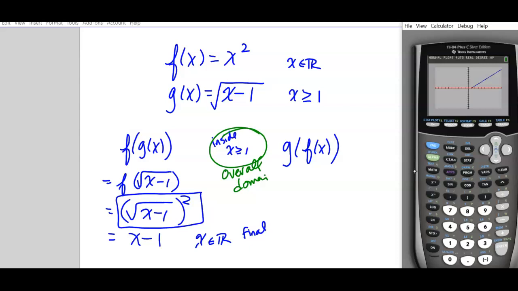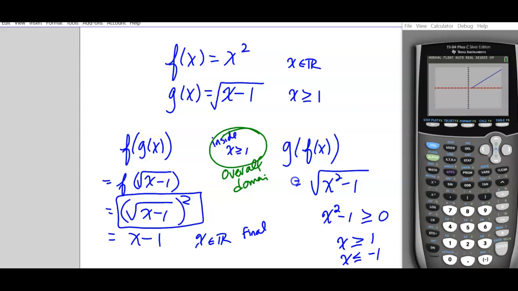G of x. So here this would be root of x squared minus 1. That's going to work out for you anyway. Actually, yeah, because of, so here you would take a look at this domain. This has to be greater than or equal to 0. So x has to be greater than or equal to 1 or less than -1. Guys at the back, just give me 1 more minute.